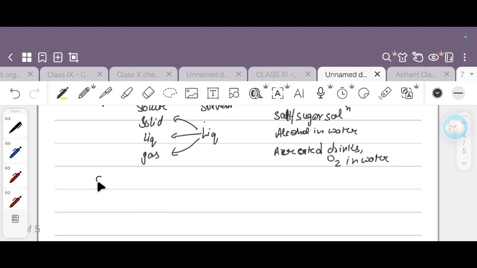Third one is solid solutions, in which the solvent is solid. Again we have the solute as solid, liquid or gas, and the solvent as solid.